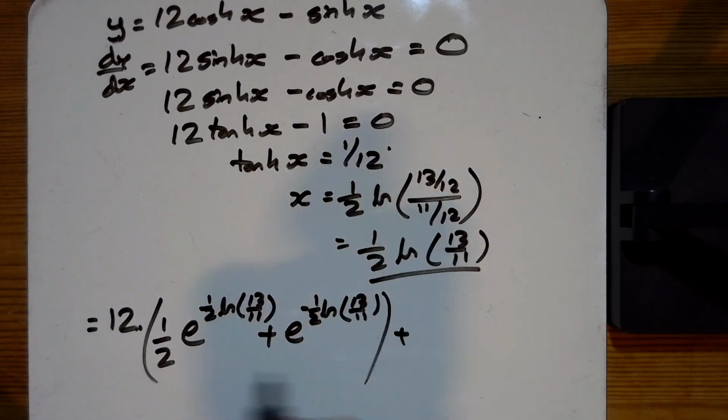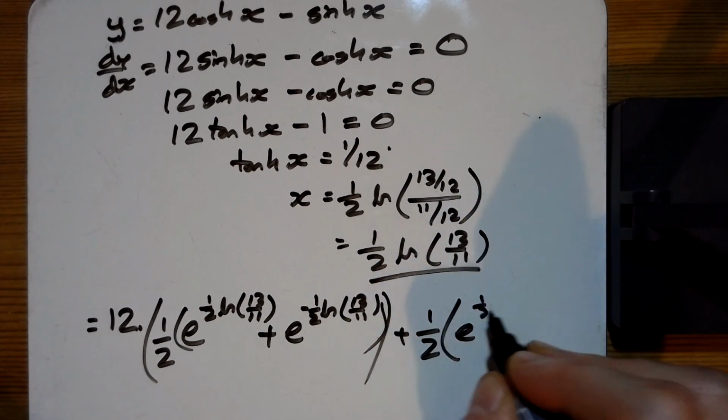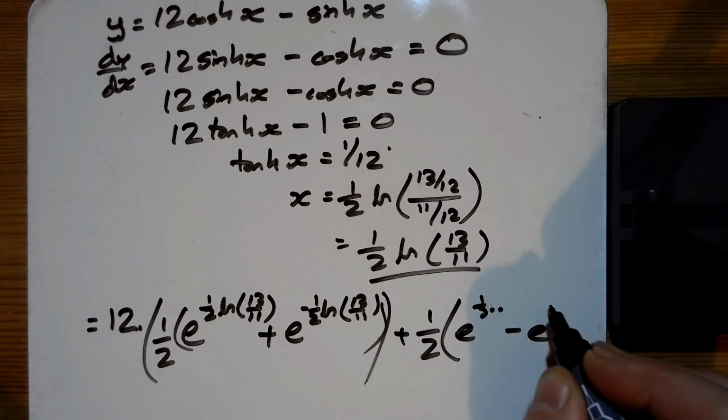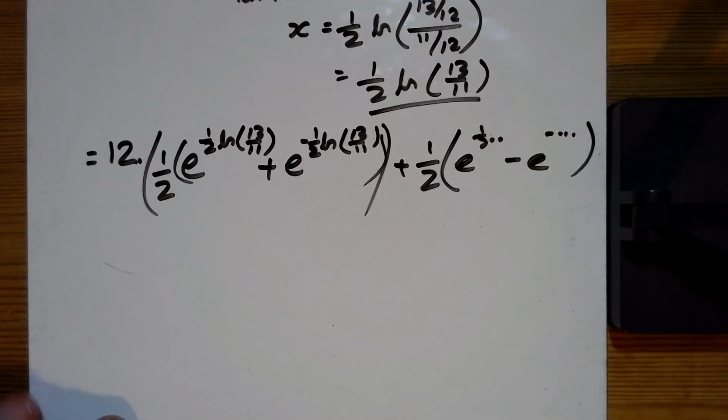We've also got, that half should be around all of it, of course, a half of e to this thing minus e to the minus this thing. So I won't write all those bits out again. We'll know what they mean in a second.